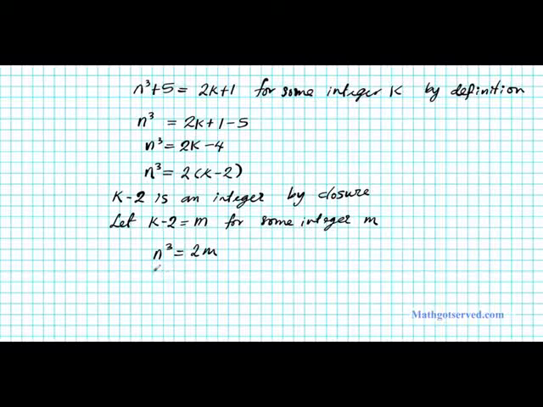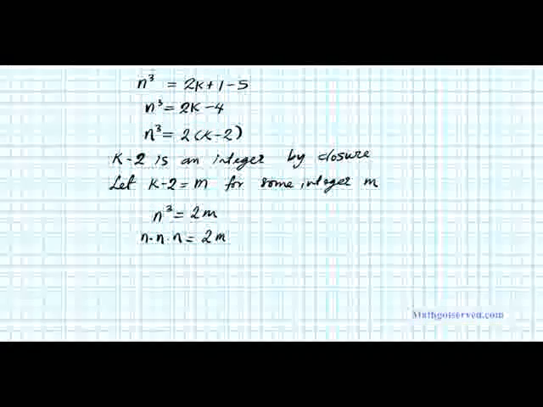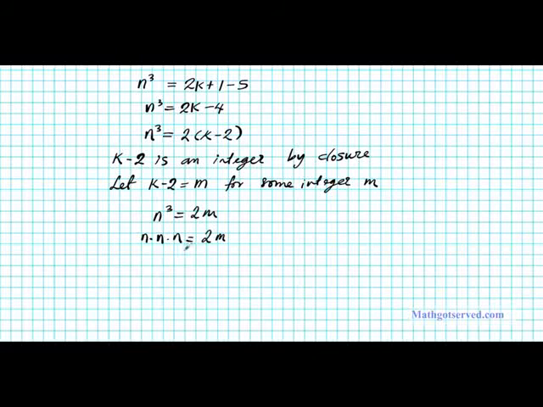All right, now let's decompose this exponential expression right here. n times n times n equals 2m. Now, since 2 divides the right side of this equation, what do you think about the left side? Since they're equal, 2 has to divide the left side also.